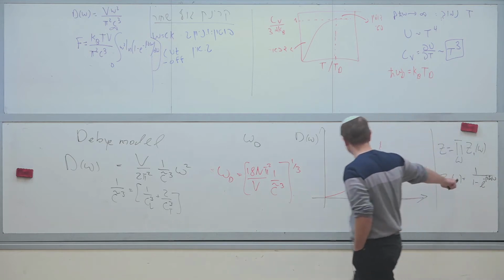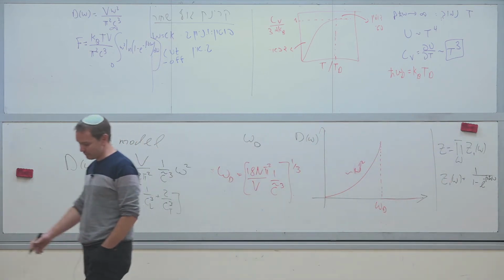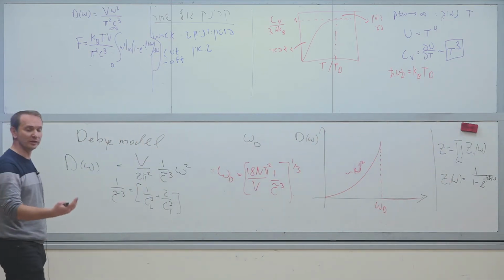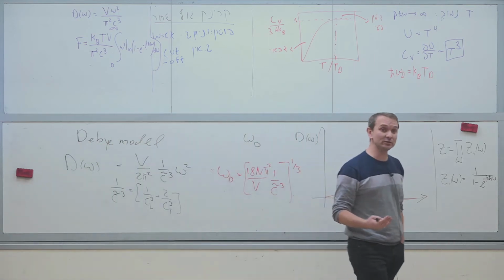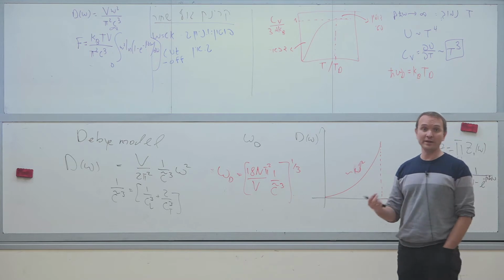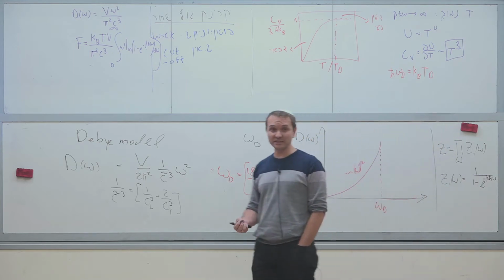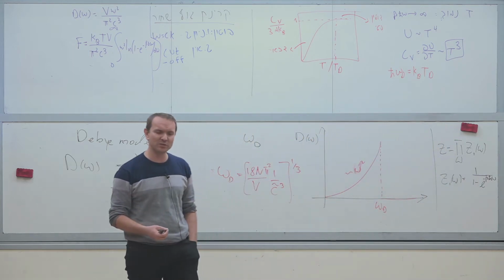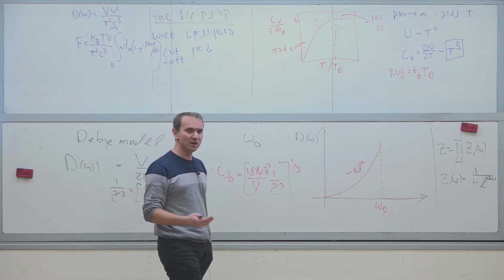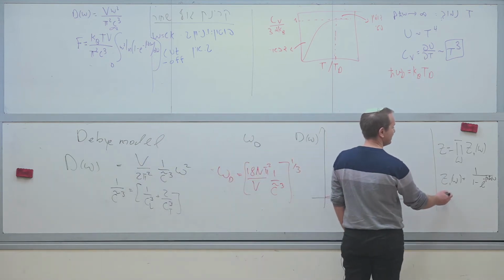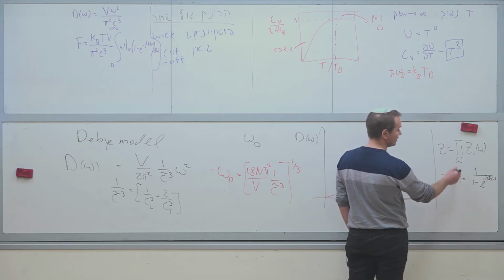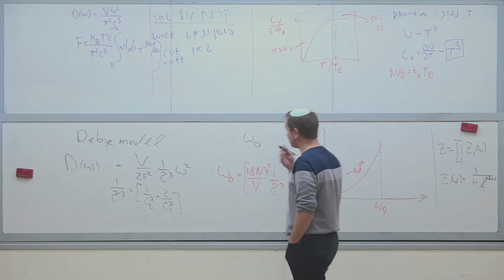Where did it come from? It came from the fact that we're looking at a phonon, this quasi-particle, as an oscillator. The oscillator can have quanta of energies, 0 h bar omega, 1 h bar omega, 2 h bar omega, etc. We sum this geometric series, we obtain this guy.